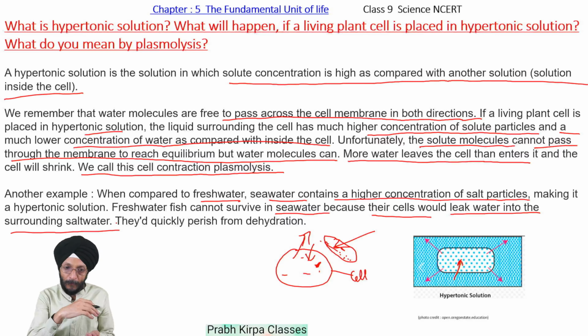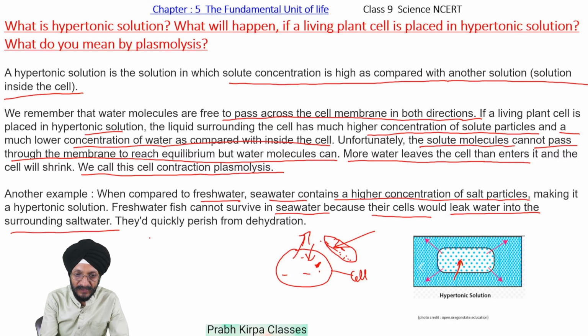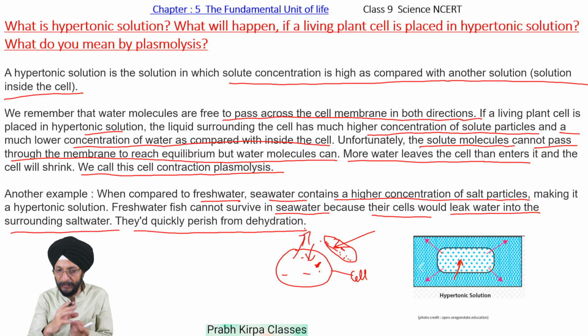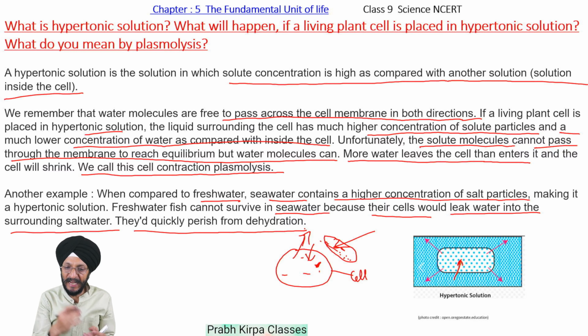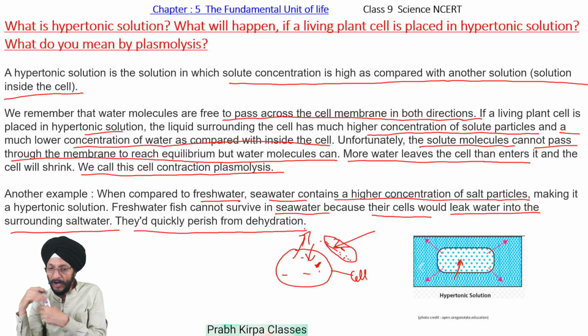So from inside the fish, the cells will start losing water to outside the cell, and they would ultimately perish from dehydration. Ultimately, the fish will die because of dehydration, as its cells will start oozing out water to outside.